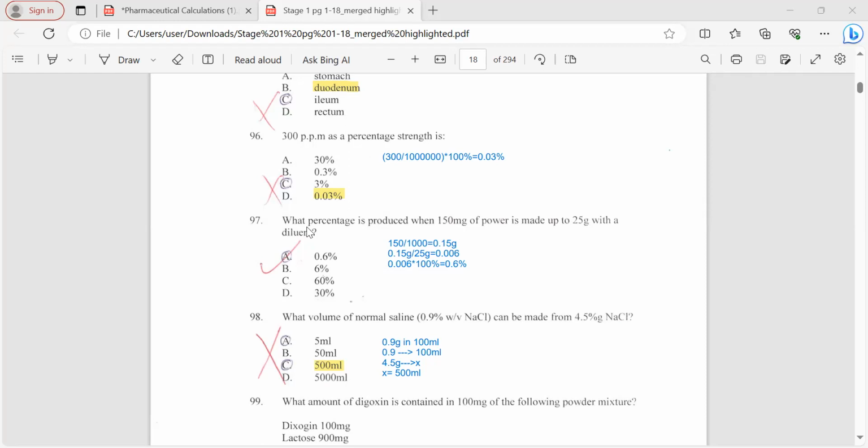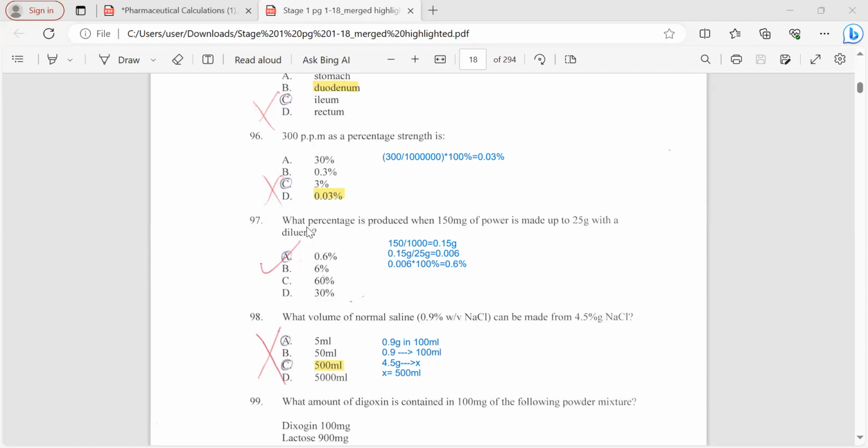So first, you need to convert the units to be the same, either to milligrams or to grams. So basically we can just convert either 150 milligrams to grams or 25 grams to milligrams.